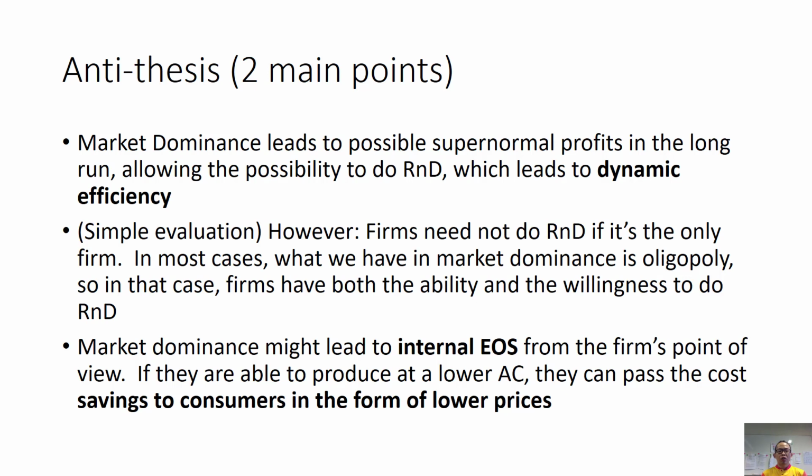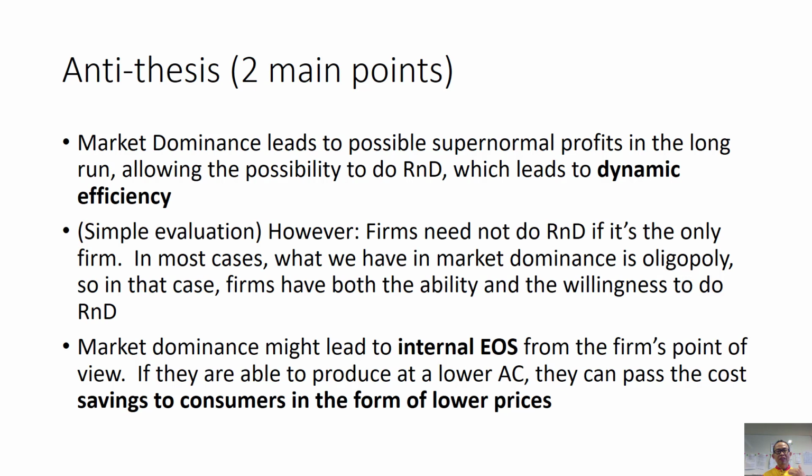You can make use of a simple evaluation point here. I've talked about the ability, but if one firm dominates the market, even if they can generate supernormal profits, even if they have the ability, they might not have the willingness, because after all, you are the only firm. So this is one point you can say as a simple evaluation.